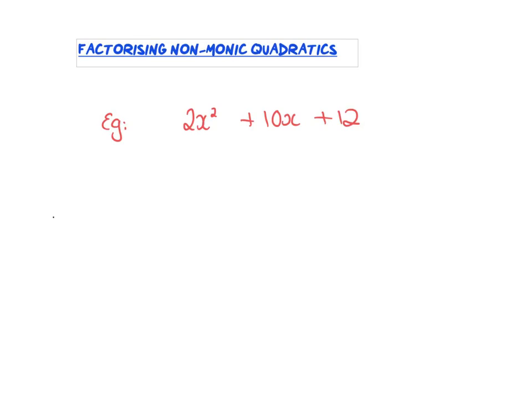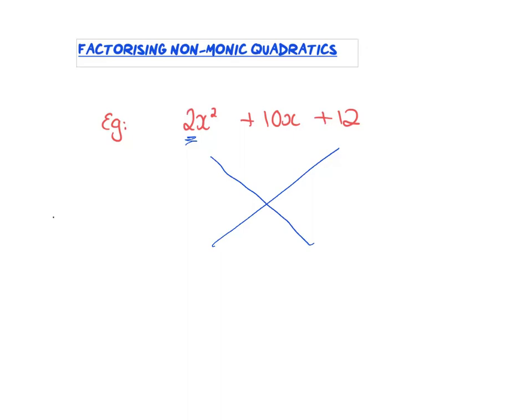Factorizing non-monic. You can see here, there's now a number in front of that x squared term. We're still going to do the cross method. So we're going to set up our cross like so, and we're going to think of factors of 2x squared.